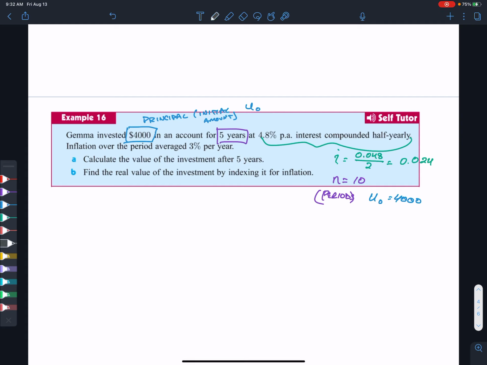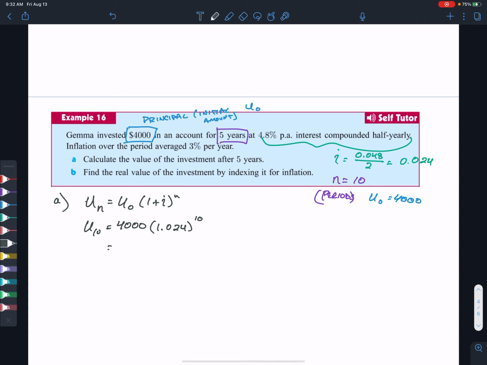If you remember, we had an equation in the previous video that said u of n equals u of 0 times 1 plus i to the nth power. Now we've got all of that information, so we can substitute it in. u of 10 is equal to 4,000 times 1.024 to the 10th power.